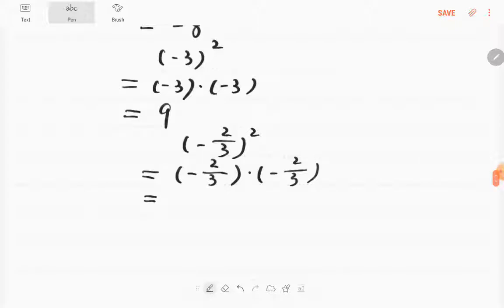Okay, so our result will be positive. After that, we only need to do 2 times 2. Numerator times numerator, denominator times denominator. And our answer will be 4 over 9, a positive number.